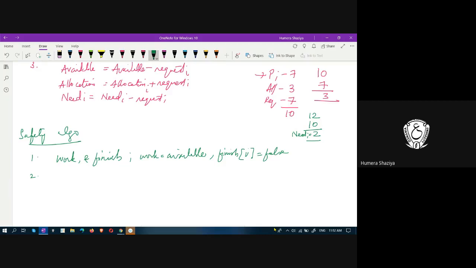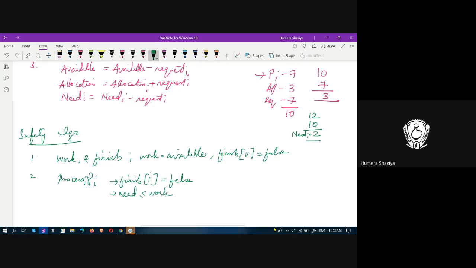In the second step, the system finds a process Pi, which meets two conditions. Its finish of I, means finish of process I, is equal to false. It is not yet finished, and its need is less than or equal to work.